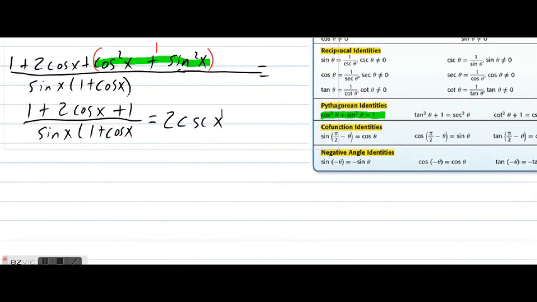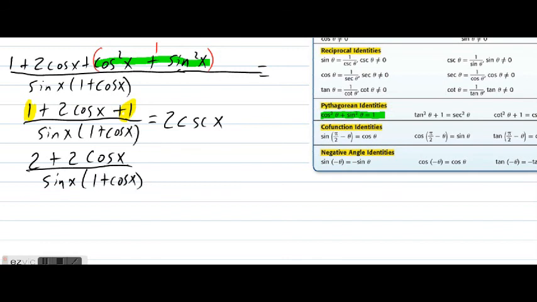I hope you're following along. Now, some simple 1 plus 1: 2 plus 2 times the cosine of x all over sine of x times 1 plus cosine of x.